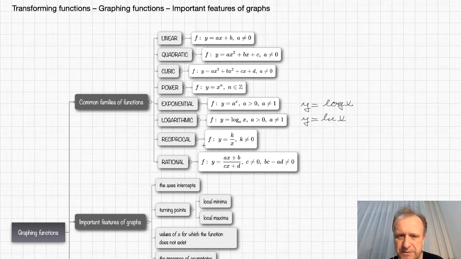Then we talked about the reciprocal functions, y equals k over x, k is different from 0, and you know already that the graph of this consists of two branches of a hyperbola. Okay, now the rational functions, we didn't study the general situation for rational functions. We just tried to describe this subcategory of rational functions in the form ax plus b over cx plus d.